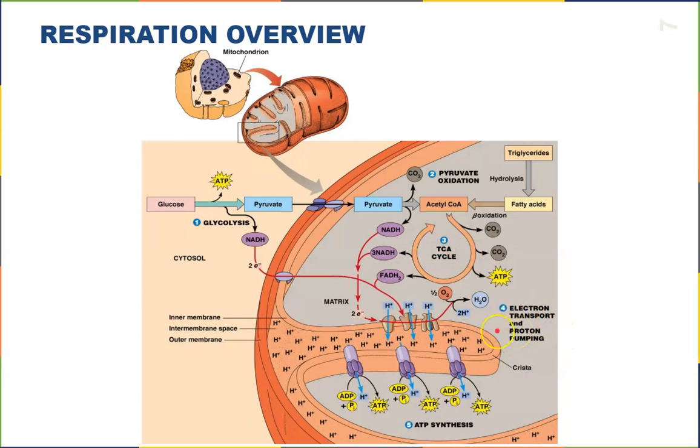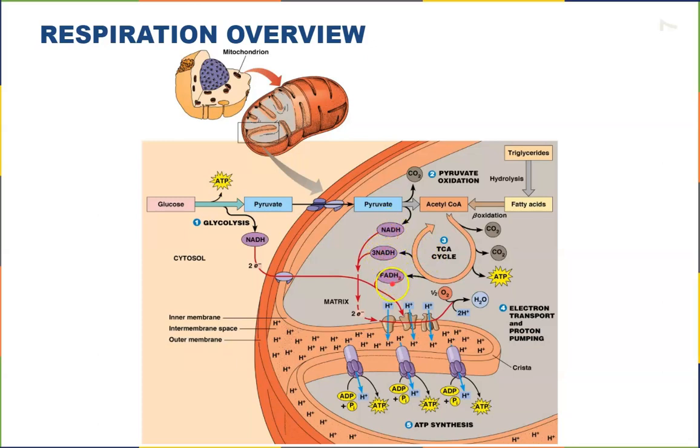So I do want to point out that, again, here's all of our products that we're creating. I'm pointing to all of them. But again, the major product that we're interested in is ATP. Now, I do want to point out that the Krebs cycle or the citric acid cycle creates all of these electron carriers.